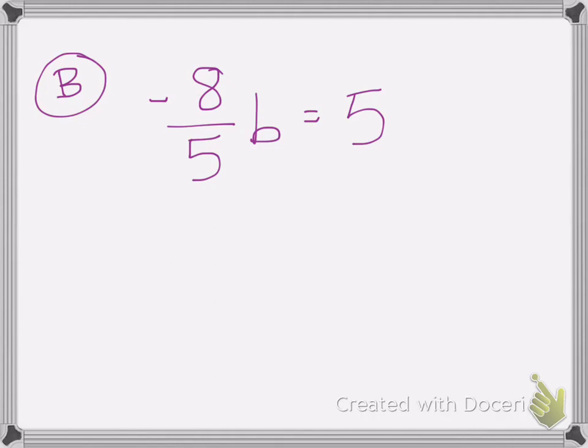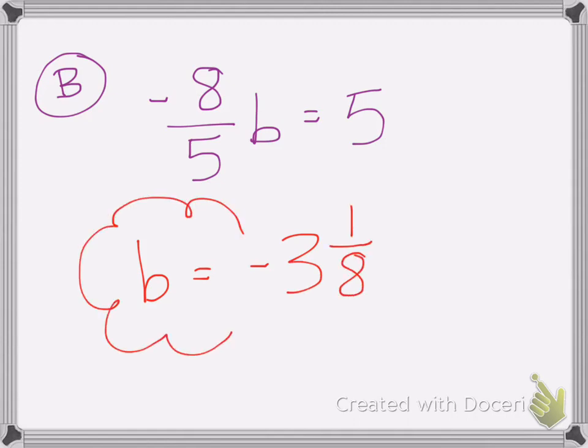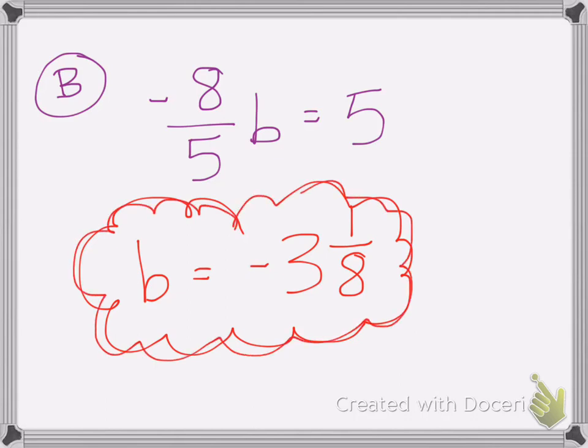Your answer, thank you for working hard, is b equals negative 25/8. Did you get it? If you didn't, try again. And if you tried again and you didn't get it, raise your hand and talk to me. Because check it out, class. Multiply by negative 5 over 8.